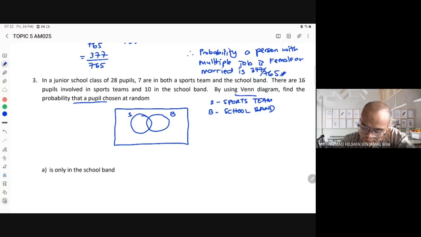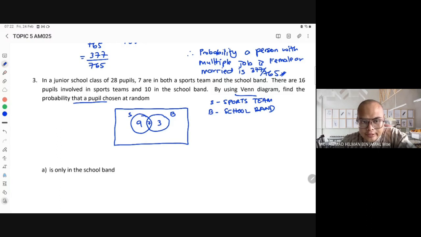So dia kata 7 adalah ke dalam dua-dua sport team and school band lah. So 16 involved in sports team, so 16 adalah semua. So untuk dapatkan yang main sports team sahaja, 16 tolakkan dengan 7, 9. And then 10 untuk band. Tapi 7 main, so 3 je lah yang main band sahaja.